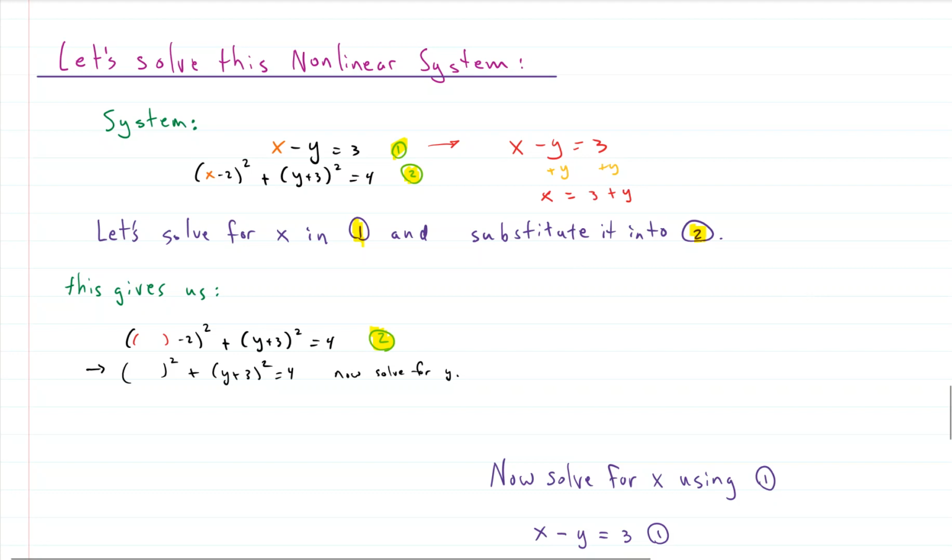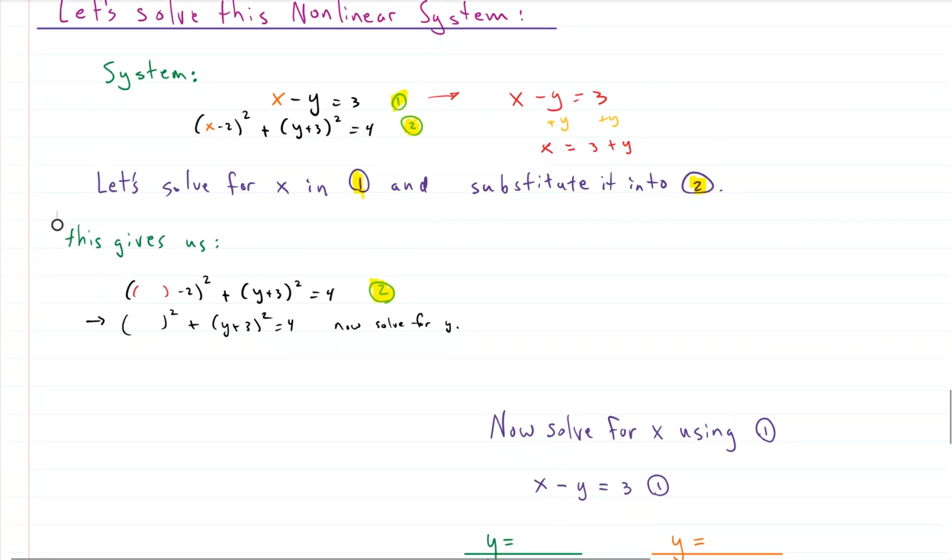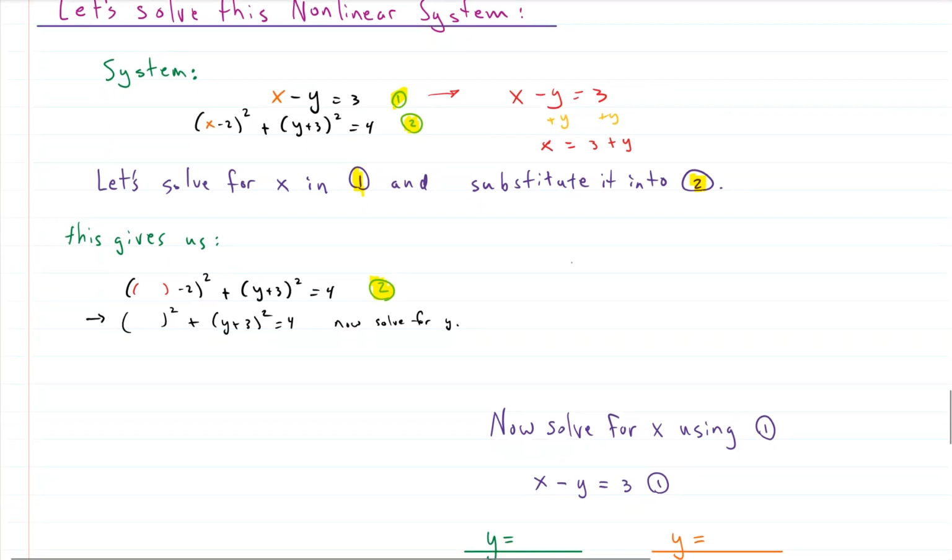So we have x equals 3 plus y. We can plug that in down here, 3 plus y, because that was where x was, right?